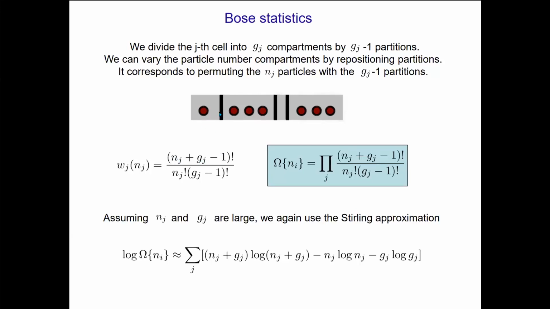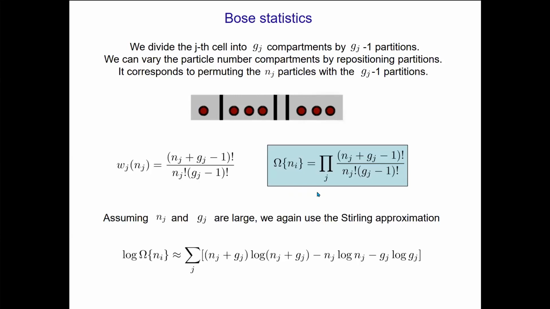The total number of balls is Nj, the total number of walls is Gj minus 1. So the number of ways to place these walls among these balls is simply choosing Gj minus 1 objects out of the total Nj plus Gj minus 1 objects. And this is given, again, by a binomial coefficient of this form. Okay, so this will be the number of ways for a particular cell.